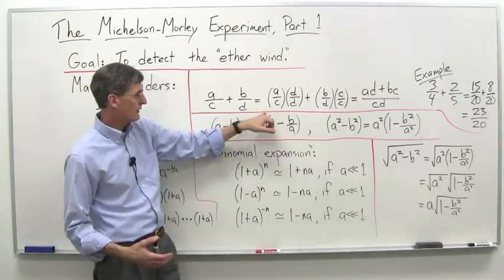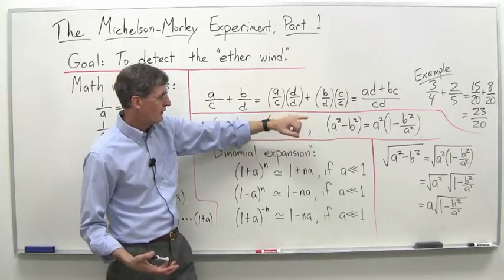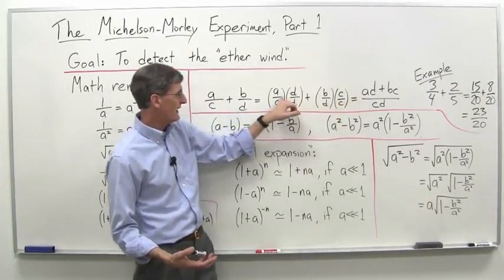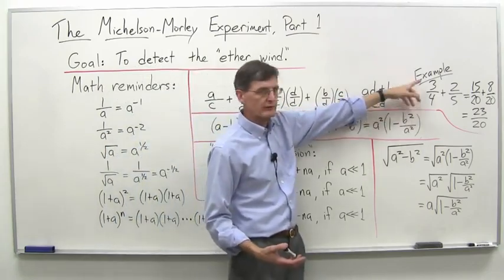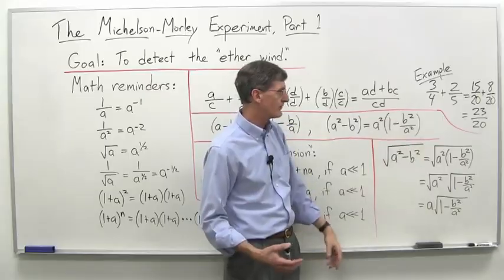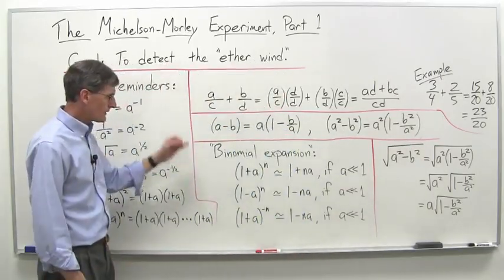And so then once we have the common denominator, we can just add them together, so we get ad plus bc over cd. And I just did a little quick example here. If we're doing 3/4 plus 2/5, you can see it works out to 23/20 there.